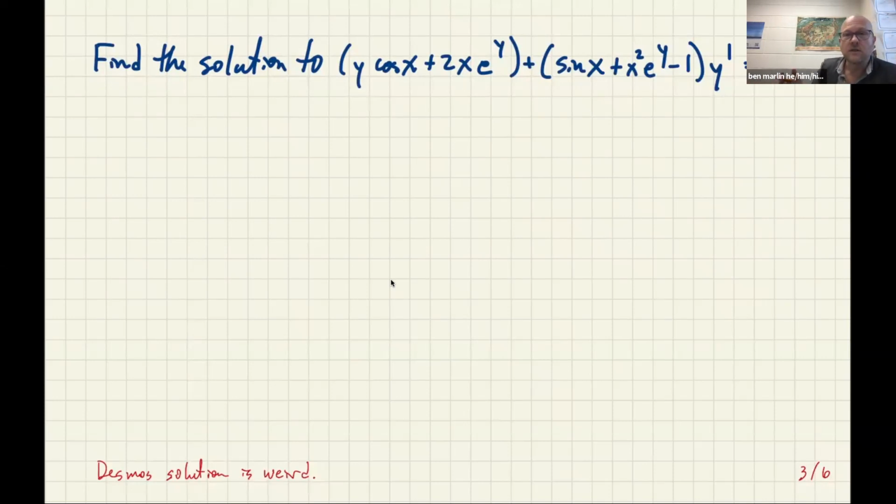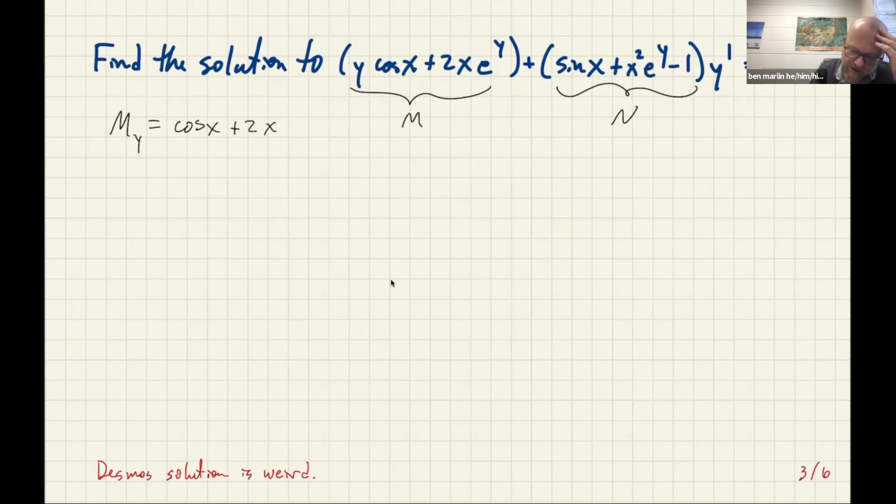All right, we're going to check it real quick. As per usual, call this M, call this N. I used y prime instead of writing dy/dx this time. Hopefully it doesn't confuse people too much. Then we're going to take our M sub y, and we will get cosine x, because the y went away, plus 2x e to the y.